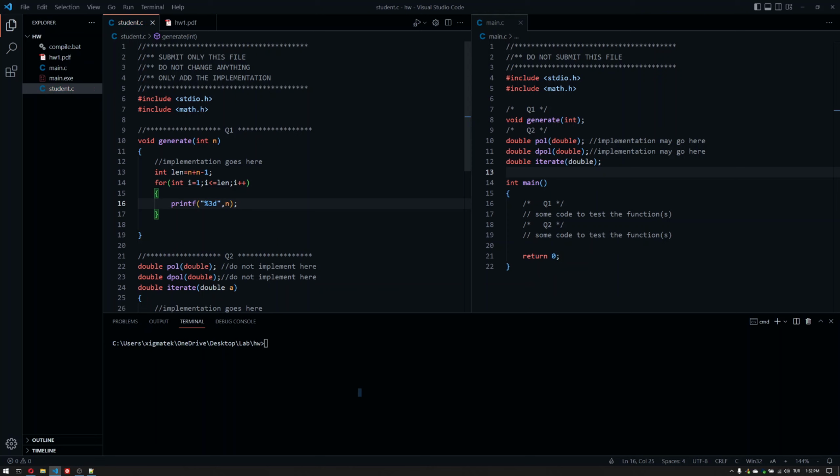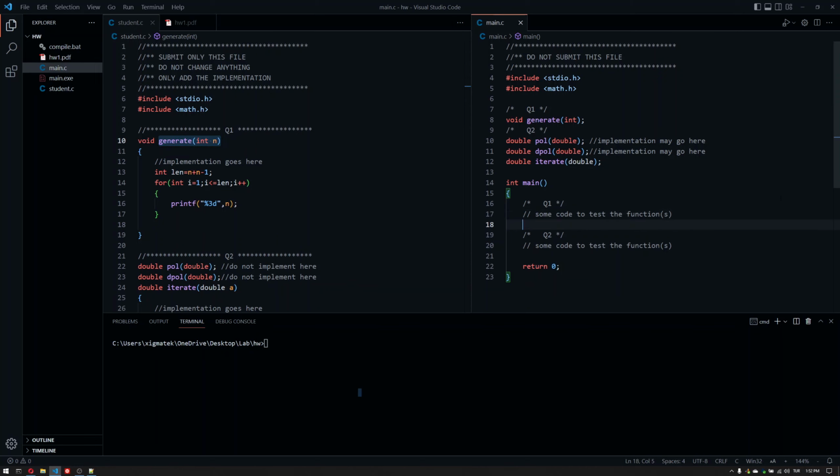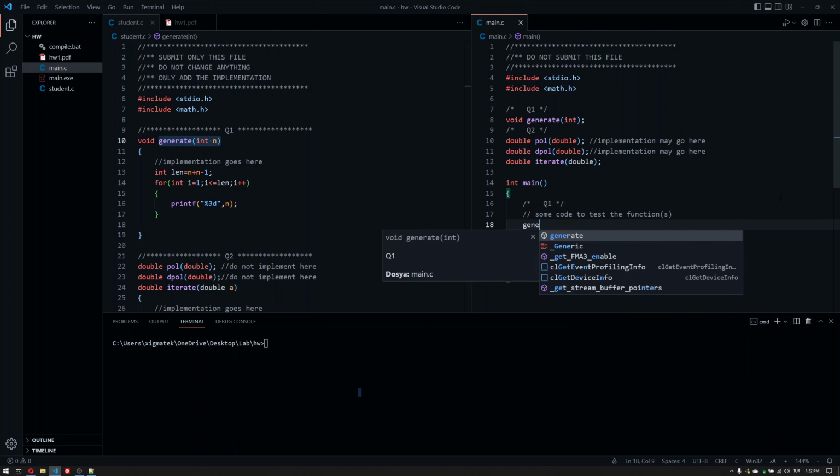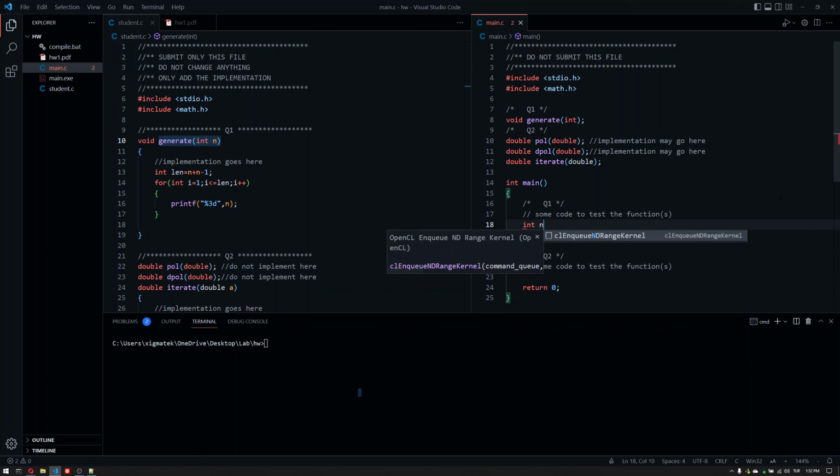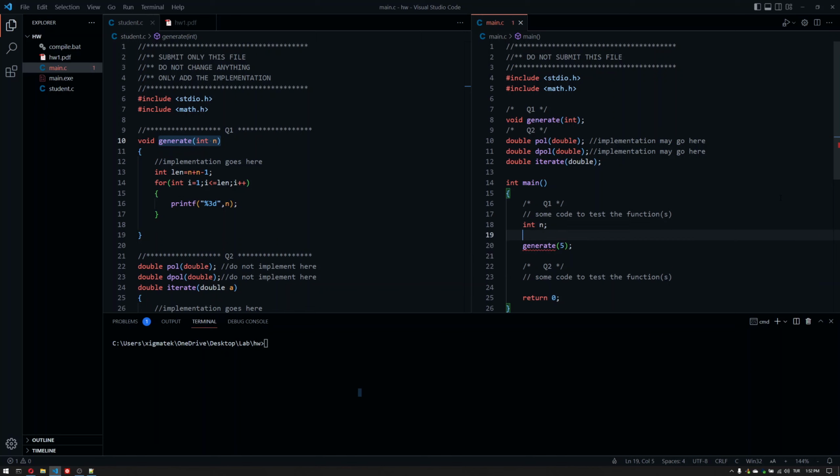So let's actually also call this function with 5. I'm going to go here, do nothing, just add generate and then 5. You could also use scanf here if you want, integer n and then printf and then scanf.